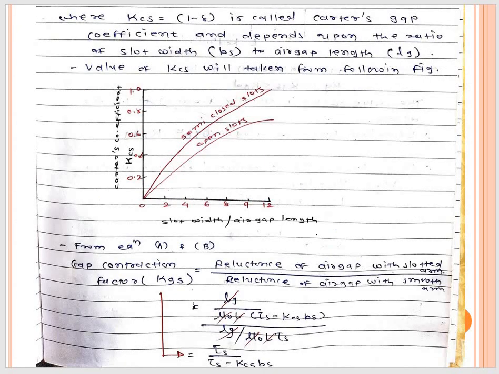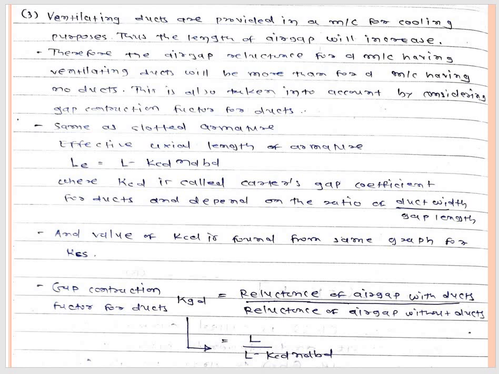In the second consideration, we considered the slotted armature, and the gap contraction factor for the slot is denoted by kgs. In this third consideration of the ventilating ducts, the gap contraction factor is denoted by kgd, the gap contraction factor for the ducts.